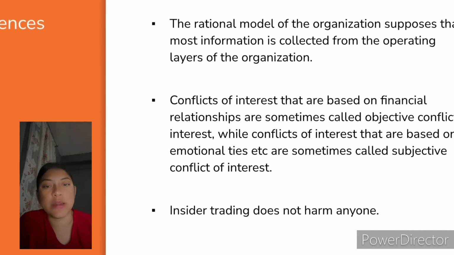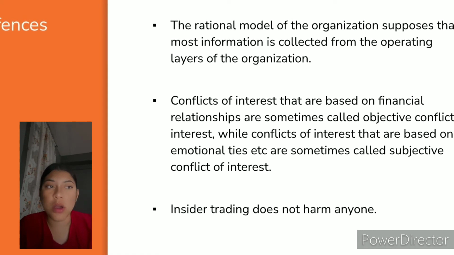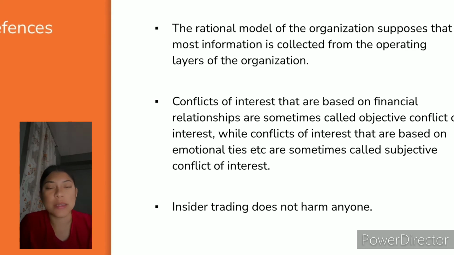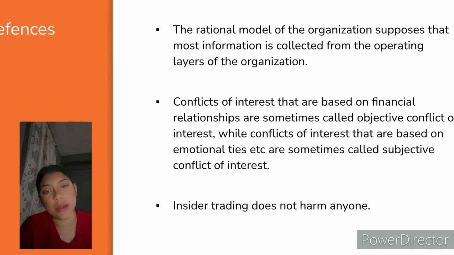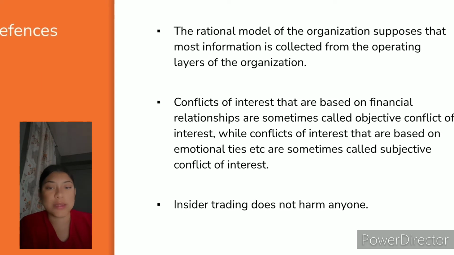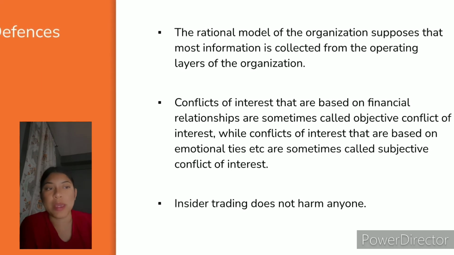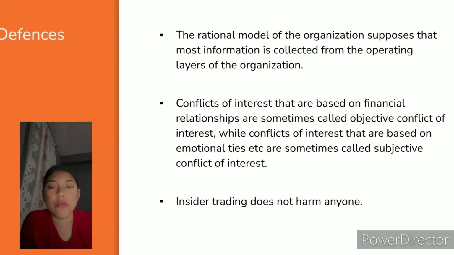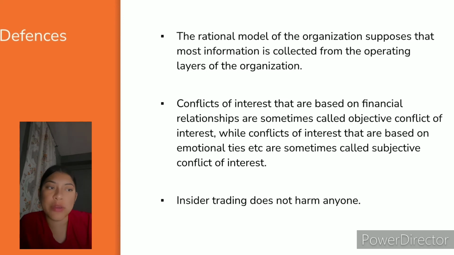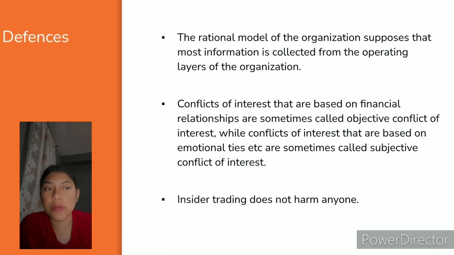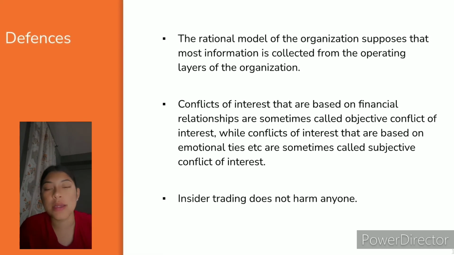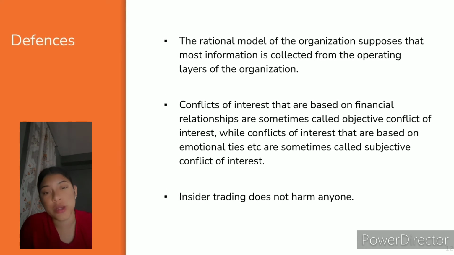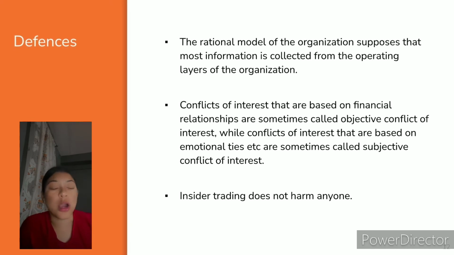The first pointer in defense is that the rational model of the organization supposes that most information is collected from operating layers in the organization. The second pointer states that conflicts of interest based on financial relationships are sometimes called objective conflicts of interest, while conflicts of interest based on emotional ties are sometimes called subjective conflicts of interest. Lastly, insider trading does not in fact harm anyone.